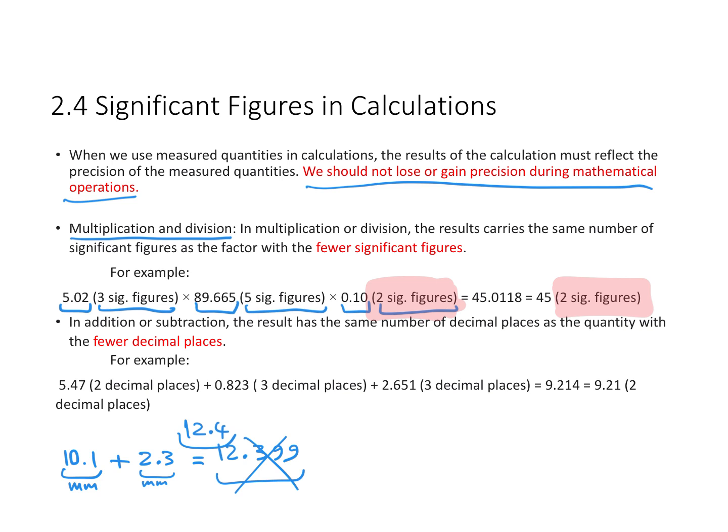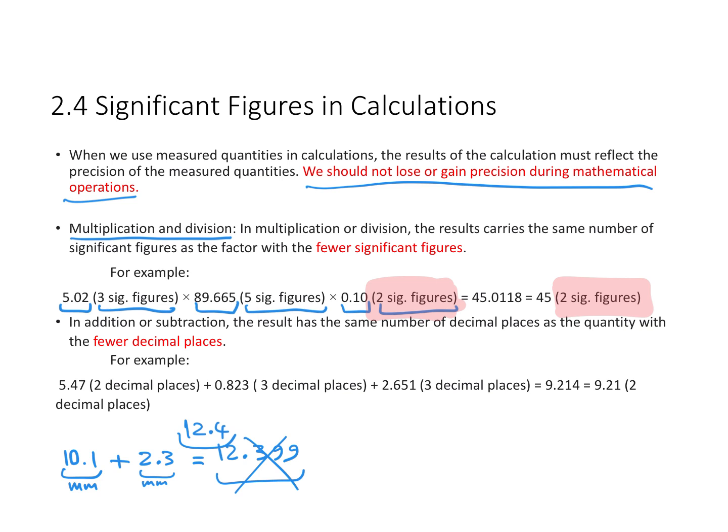It has 2 significant figures, so your answer should have 2 significant figures. I gave this question to the students last semester, and almost everyone got it wrong, because they just put the number in the calculator and marked 45.0118. Remember, you should have significant figures corresponding to the number with the fewest significant figures.